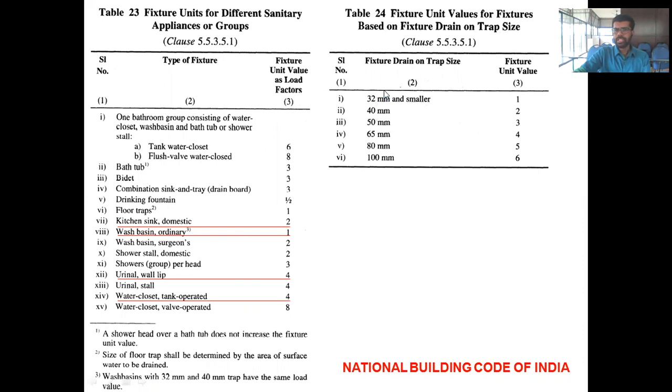Different trap sizes are there, and depending upon the trap size, the fixture unit value will change, because this floor trap is also acting as a fixture unit. There are 2 or 3 or 4 floor traps. For that also we have to add fixture units. Then only we will add all the fixture units, and then the main pipe size will be sized. Depending upon different standards of drain pipes, the fixture unit also will change.